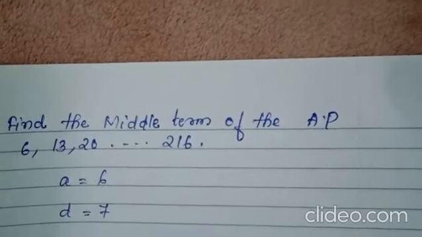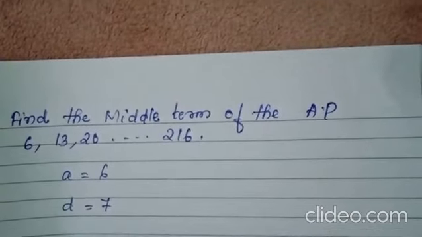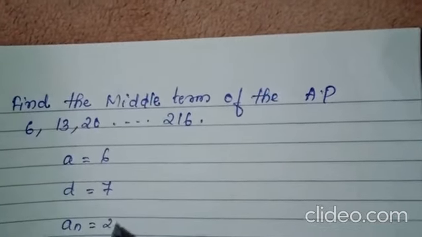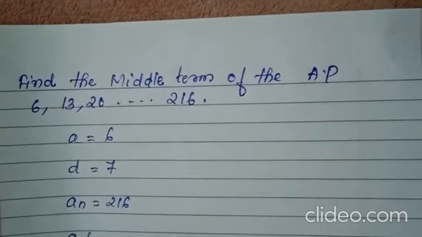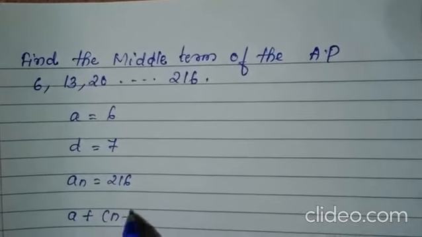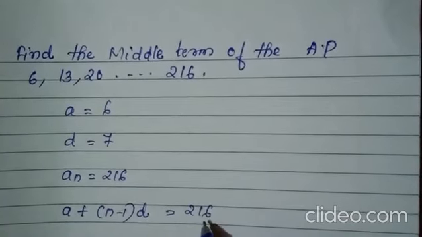7. So, let there be N terms in the given AP. Last term is equal to 216. Is it? So, how to find? As we all know, A plus N minus 1 into D is equal to 216. Is it?